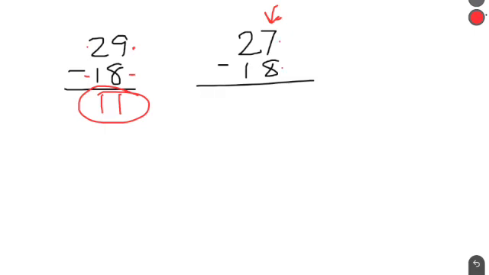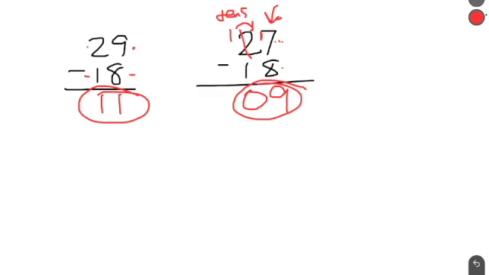That's impossible to do because the number on top has to be higher in order to subtract it. It's not possible to subtract an 8 from a 7. So what we do in this case is we borrow 1 from this integer here. So the 2 becomes 1, and the 1 that we borrow makes the 7 now become 17. And so we say 17 minus 8 is equal to 9. Then we go to the tens place, and we say 1 minus 1 is equal to 0. So 27 minus 18 is equal to 9.